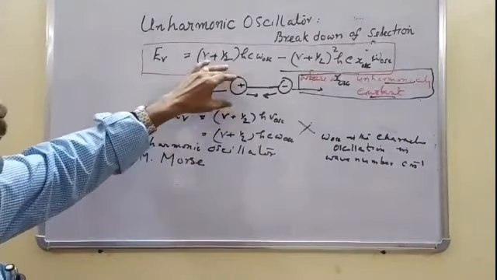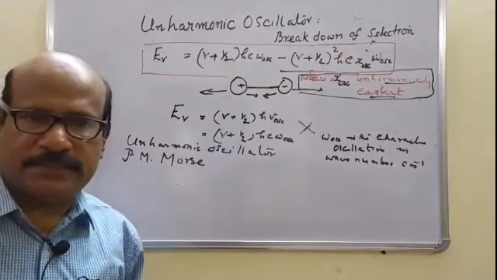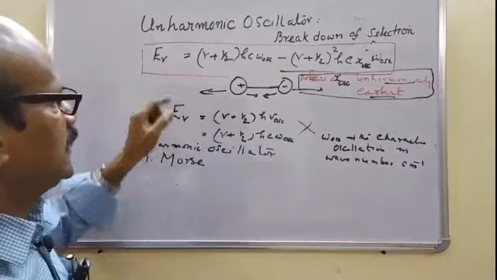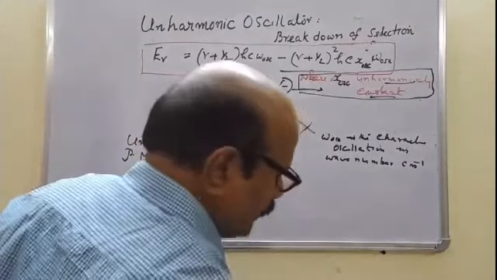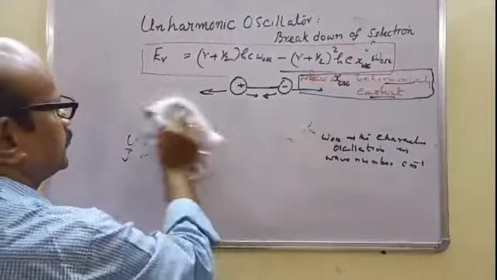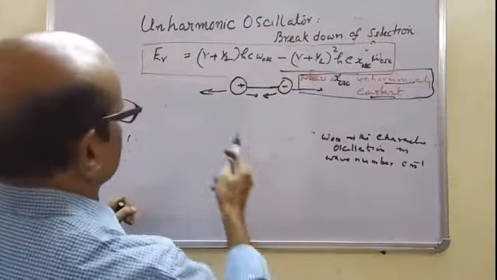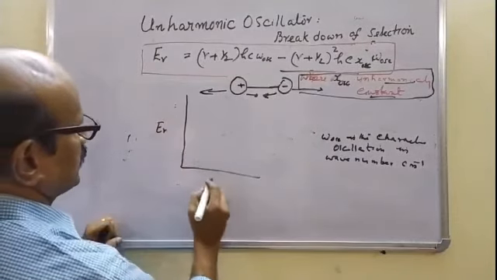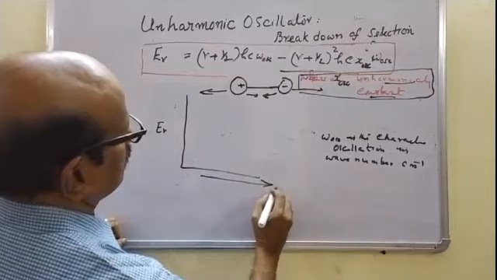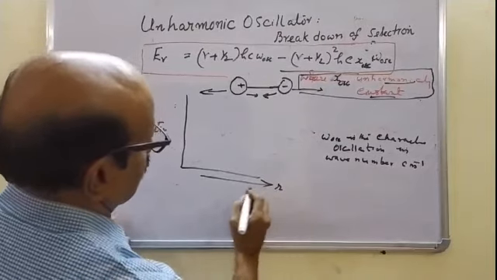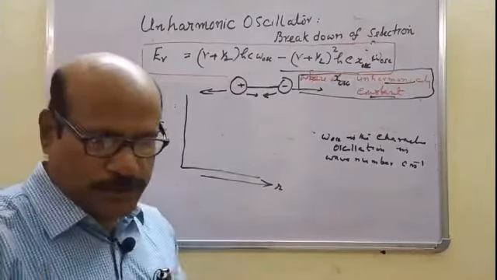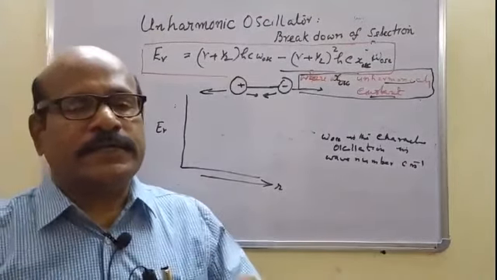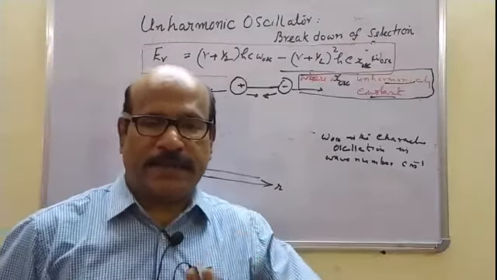When we look at this equation and plot it, that is the variation of energy E nu versus the equilibrium distance R, it is also a parabola, but the spacing between the vibration levels is not equal.